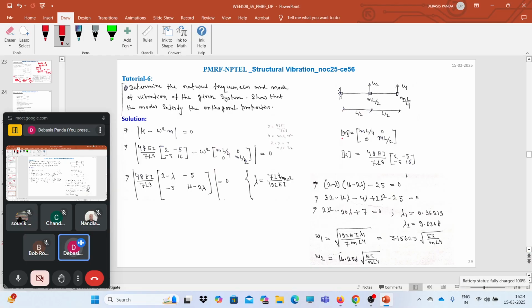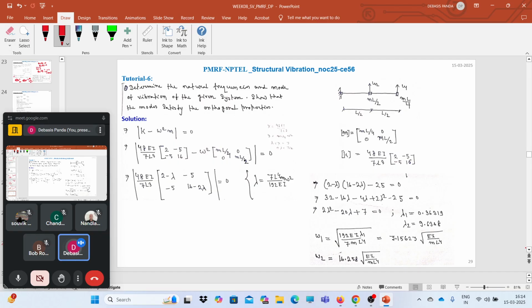Now here again we have a tricky kind of problem. You can easily solve it like I just explained. Determine the natural frequencies and modes of vibration of the given system so that the modes satisfy the orthogonal property. That means phi transpose m phi and phi transpose k phi, you need to show that phi transpose m phi equals 1.